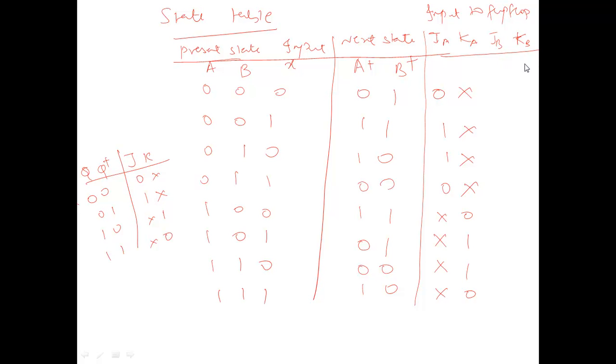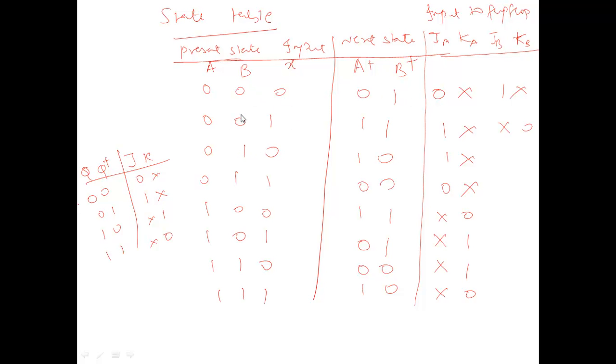Similarly for JB also, you see the column of B and B plus. First row is 0 to 1: B is 0, B plus is 1, so J is 1, K is x. Write 1x. Then 1 to 1, J is x, K is 0. Write x0.